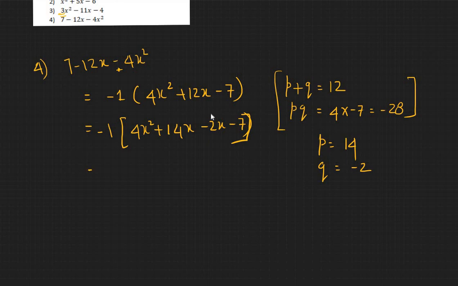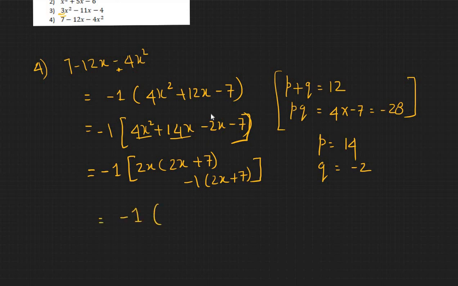The next step would be to take some common factors. Between the first two terms, you can take 2x, and this will be 2x into (2x plus 7) minus 1 into (2x plus 7). You can say this is equal to minus 1 times the bracket. You can take 2x plus 7 outside, and the other term would be 2x minus 1. So that would be your answer. That's how you can find the factors.